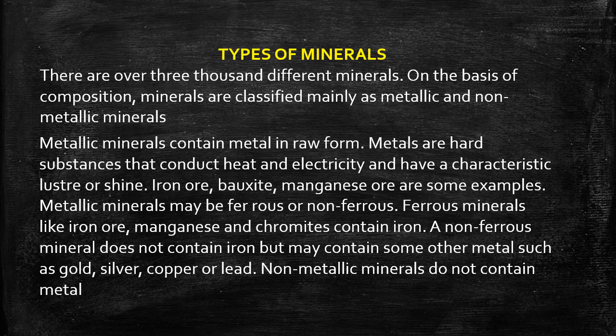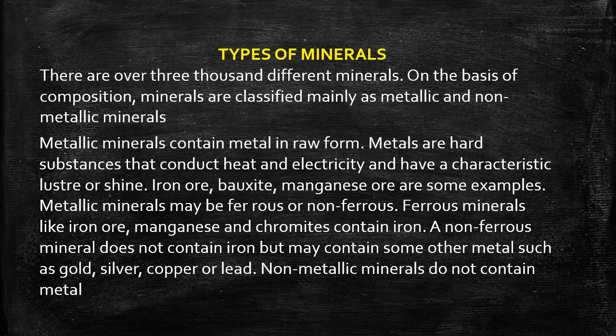And I hope you have studied in your science what is metallic and what is non-metallic. You can see around you many examples of metallic and also of non-metallic minerals. But in this chapter we will go through one by one what metallic minerals and non-metallic minerals are.